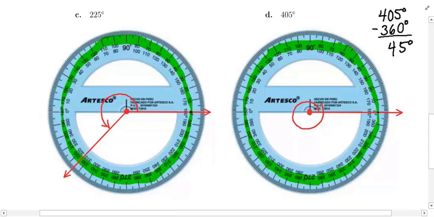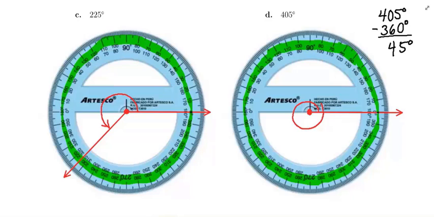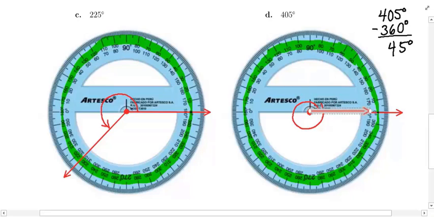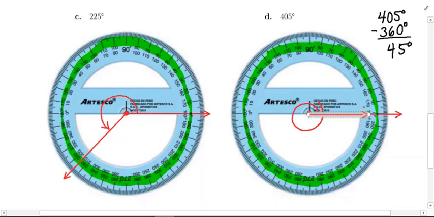So you're going to go from 0 and find 45. Here's 40 degrees, here's 50 degrees. You want to go halfway in between. That's where we're going to draw our terminal side. So I'm going to draw in my terminal side right here through the 45-degree mark.